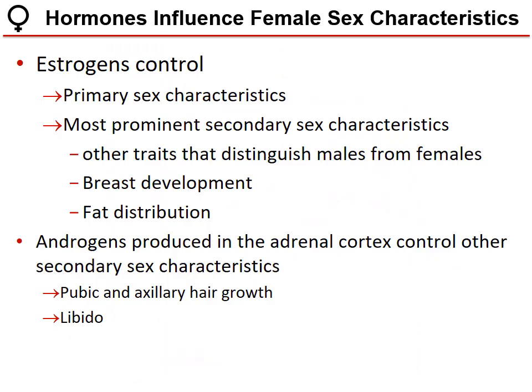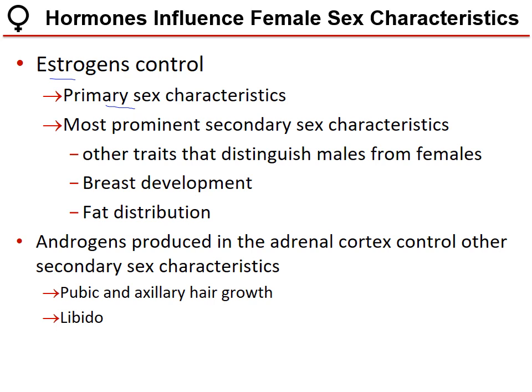So just as the androgens control the primary and secondary male sex characteristics, so does estrogen influence the female sex characteristics. The primary sex characteristics, in other words, the prominent sex characteristics which distinguish females from males, are under the influence of estrogen.